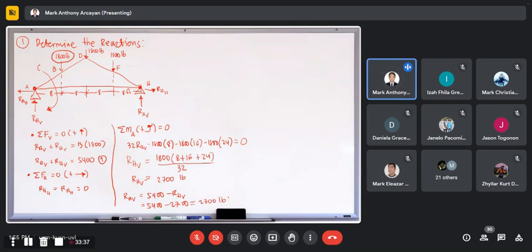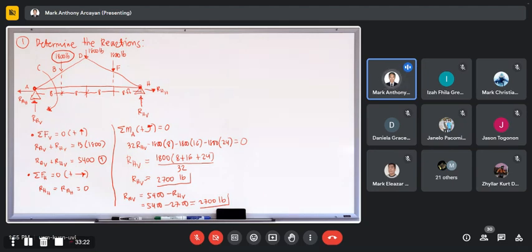It's because our Pratt truss is symmetrical. So we will use this in our next step, which is to create an FBD per joint.